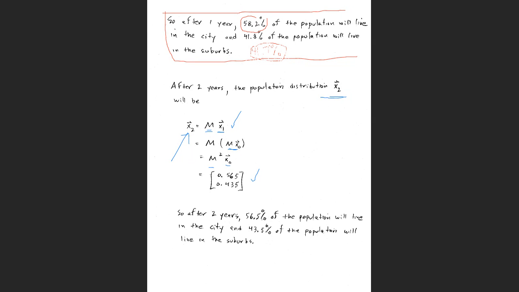And so after 2 years, 56.5% of the population will live in the city, and 43.5% will live in the suburbs. So it has to trend that people are overall moving more to the suburbs, because the migration matrix is telling you that based on the probabilities.